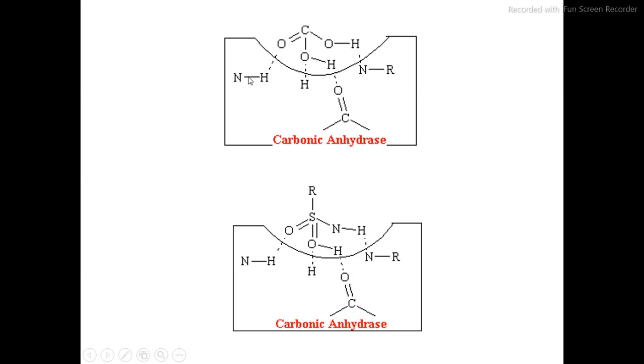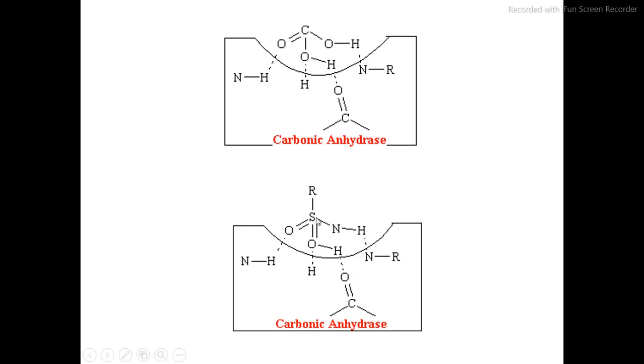But what will happen if we consider a sulfamoyl moiety instead of carboxylic acid? Now the sulfamoyl moiety has two S double bond O sulfoxides, and these two can easily interact properly with the carbonic anhydrase, similar to your carboxylic acid.